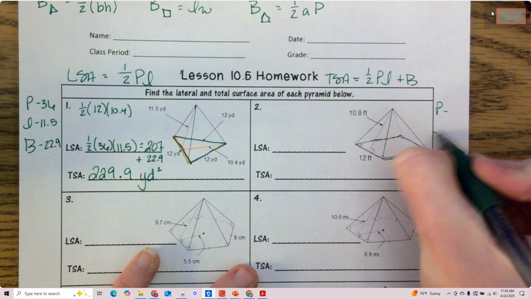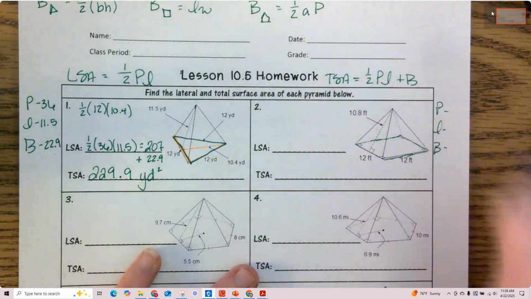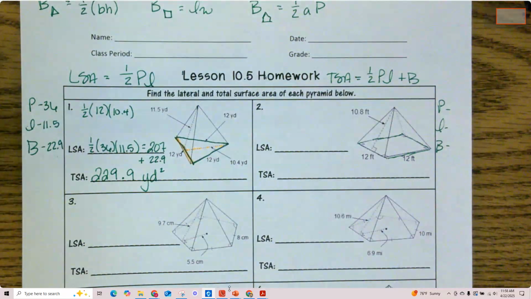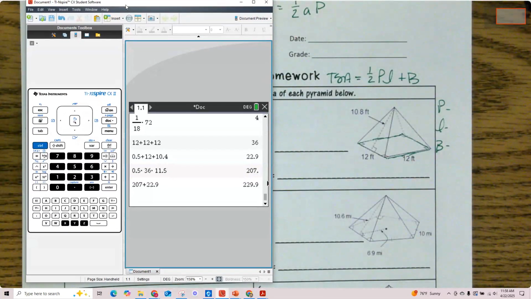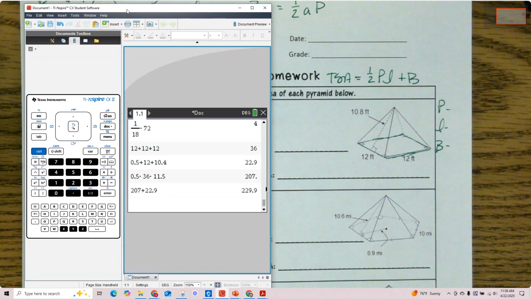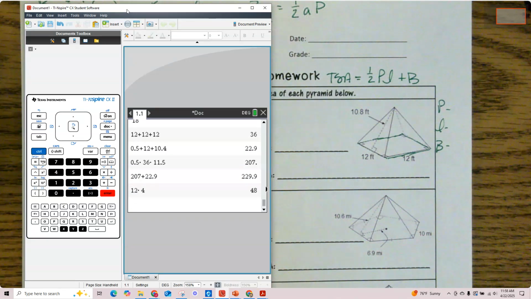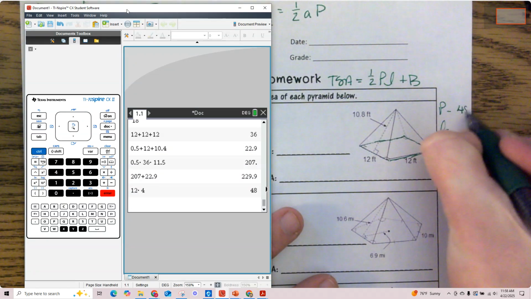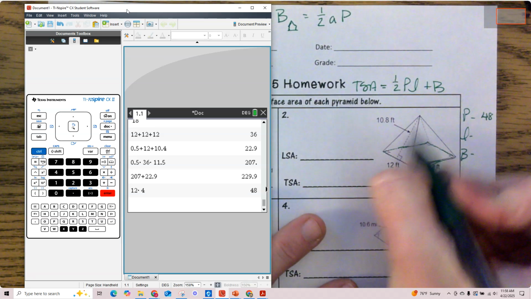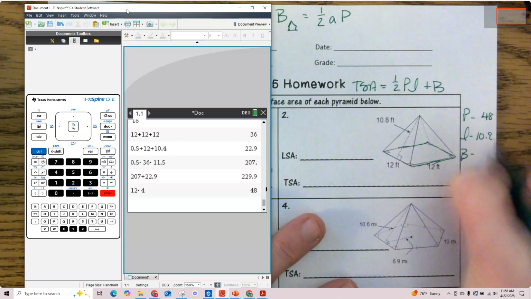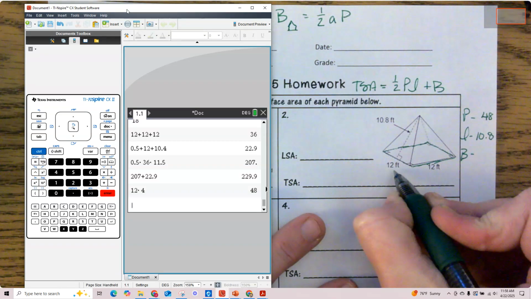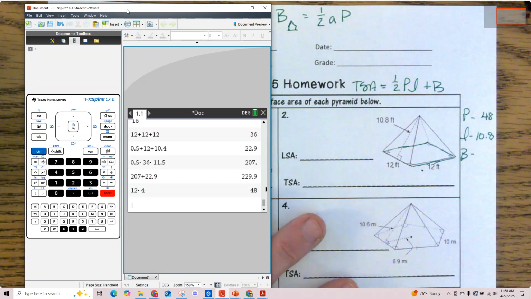So perimeter, slant height, big B. So perimeter of the base, it's a square. Each side of that square is 12. So you can do 12 plus 12 plus 12 plus 12, or you can just do 12 times 4, since they're all the same. So perimeter is 48. Slant height, remember, is on the outside walking up the edge, so 10.8. And then big B, area of the base, 12 times 12.